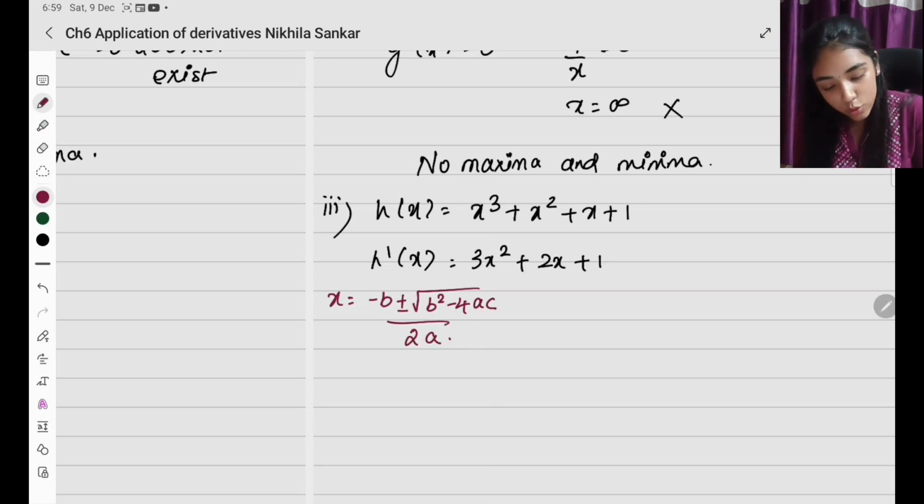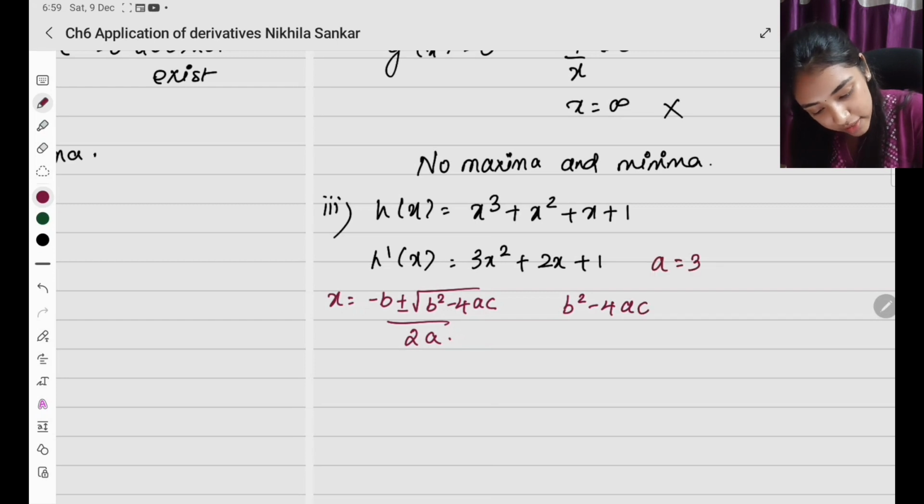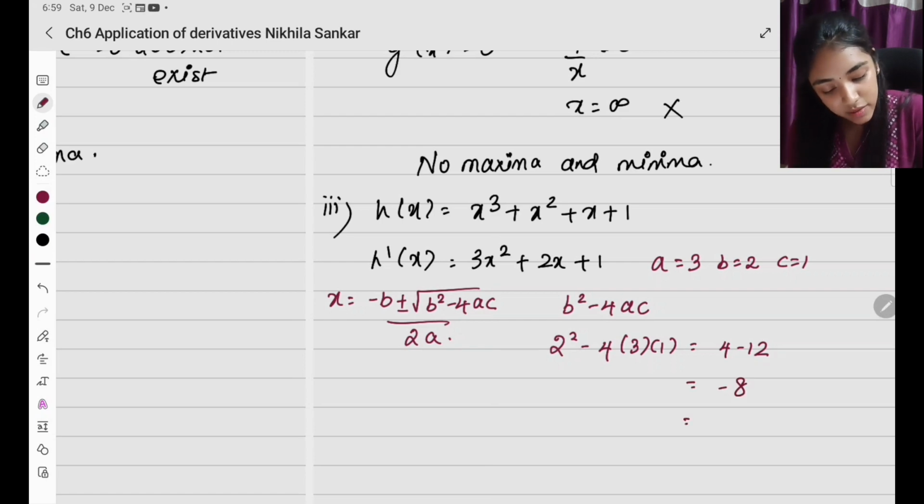So I need real roots. So when I find b square minus 4ac, what is my value of a? 3. b is 2, c is 1. When I substitute, 2 square minus 4 into 3 into 1, I have 4 minus 12, which is going to be minus 8.